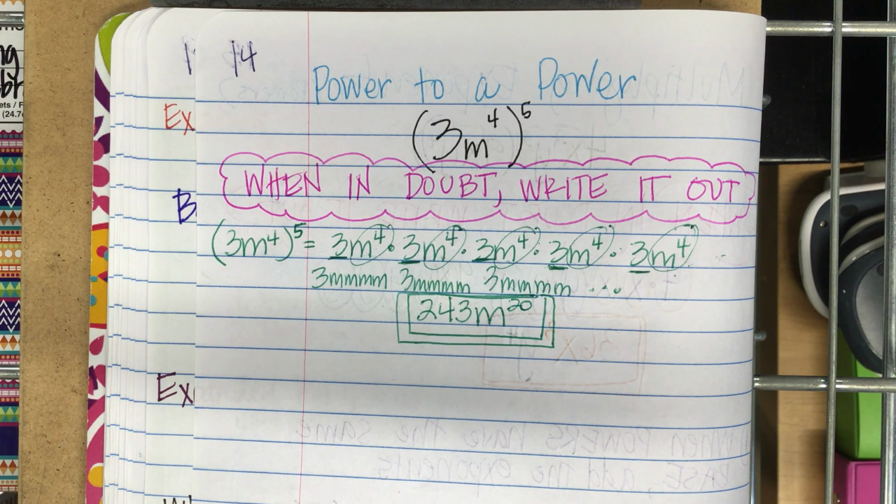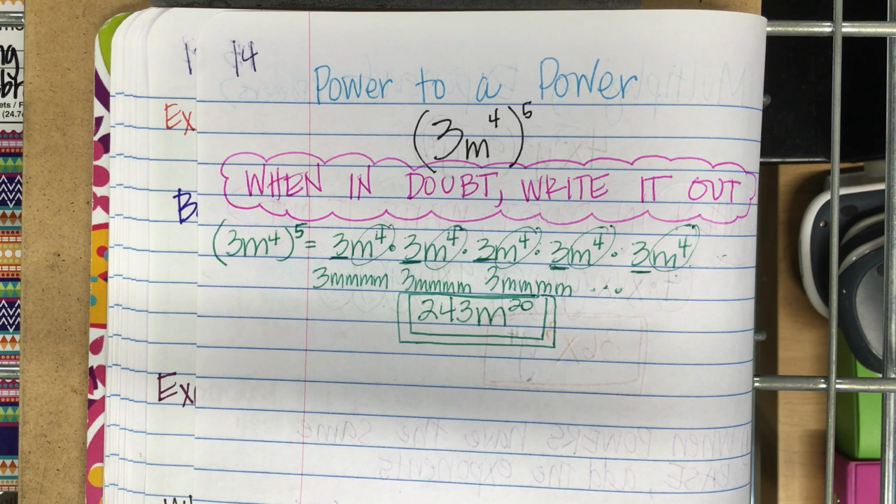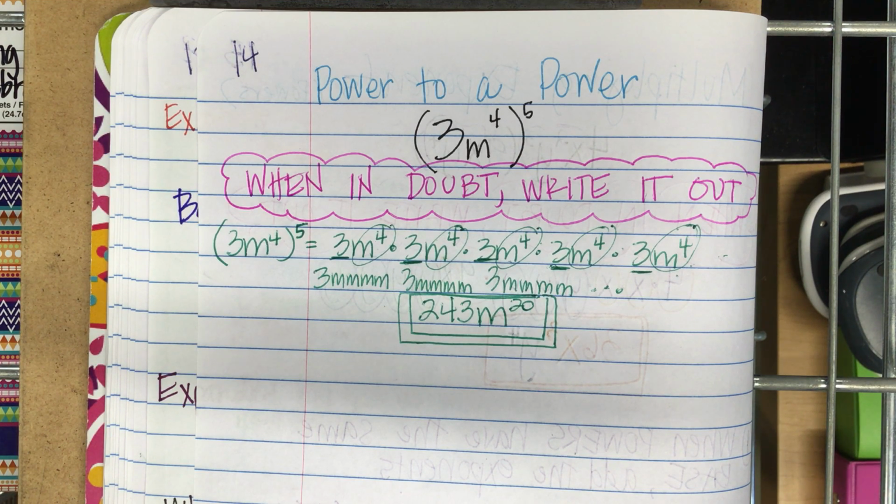It's that 5 times, yes? Yeah. So when in doubt, write it out. And then you can use your rules, correct?